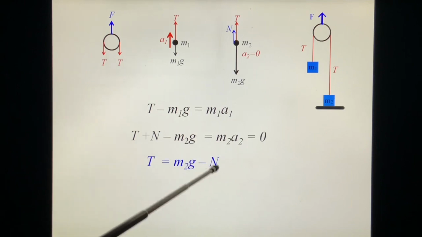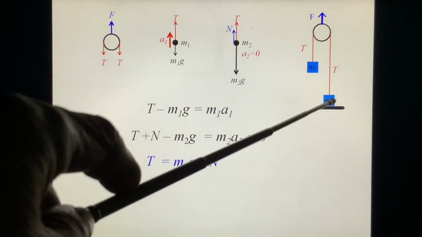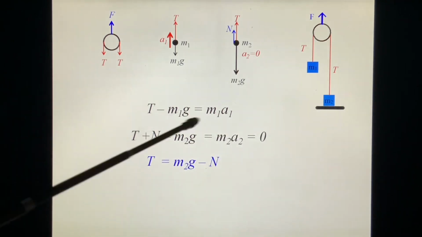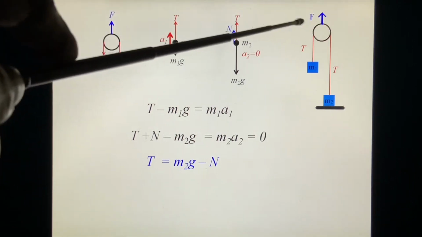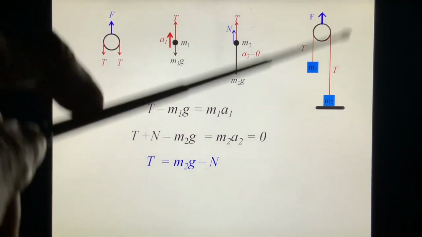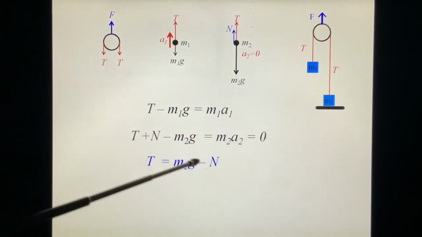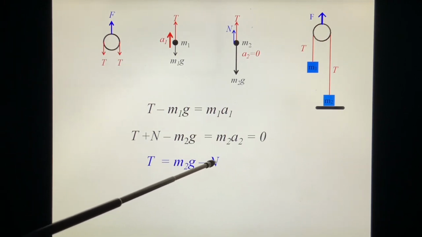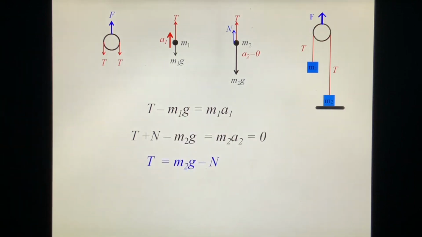If N equals 0, that means they separate. They don't interact between them. So when we pull down with F increasing and increasing, T increases, and N decreases. When N just approaches 0, that means block 2 is going to leave the ground.